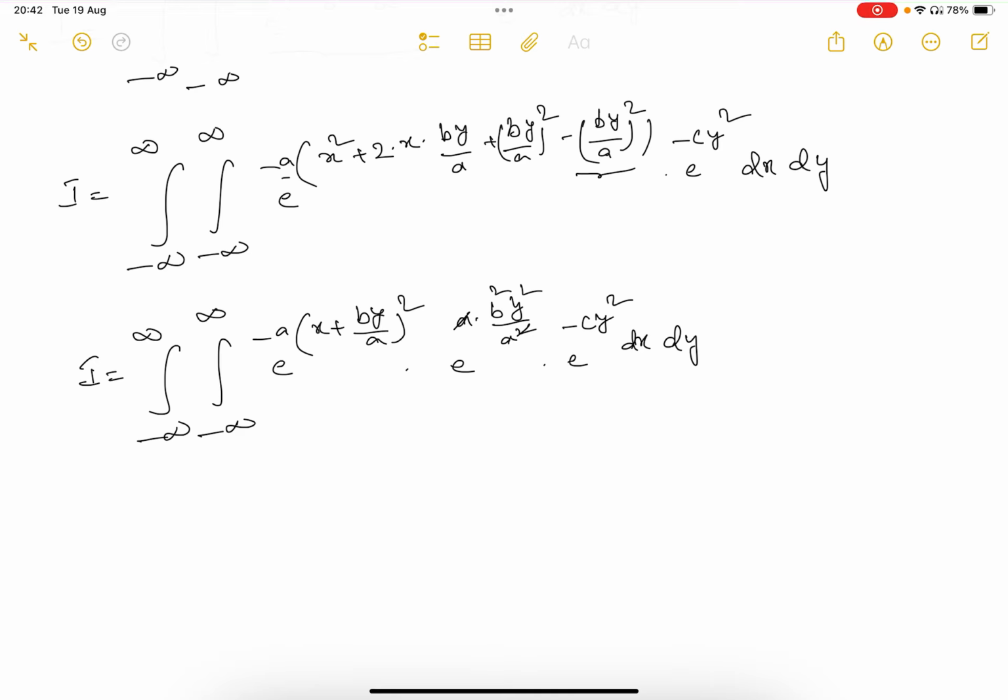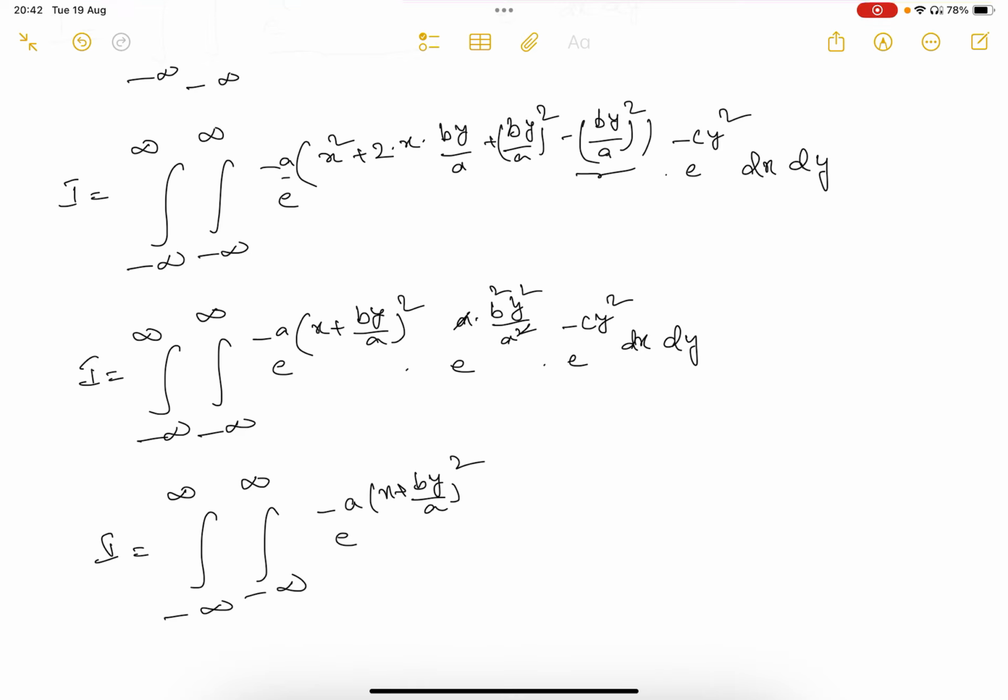Then this will be I equal to the integral minus infinity to plus infinity, integral minus infinity to plus infinity, e to the power minus a into (x plus b/a y) whole square.